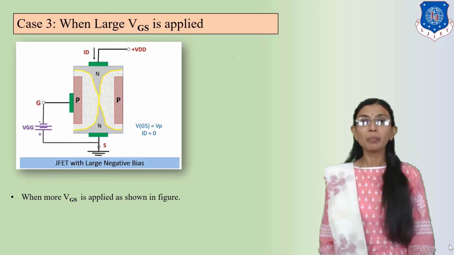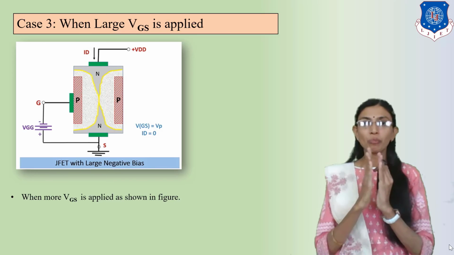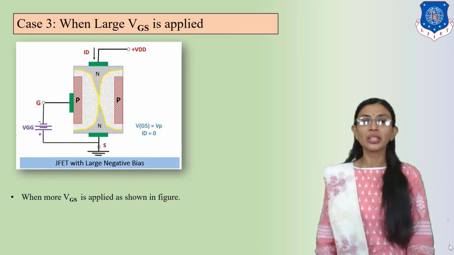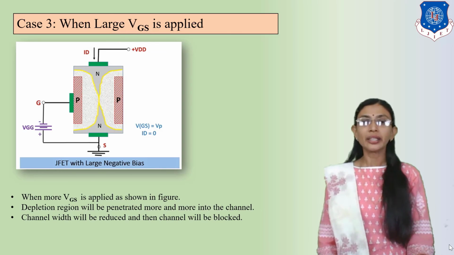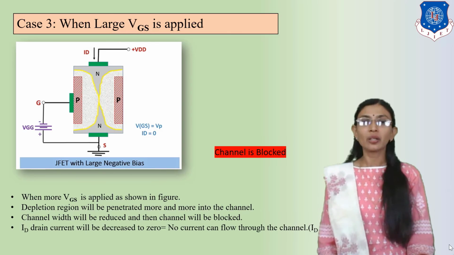Once both depletion layers touch each other, the channel width will be blocked. So the depletion layer will penetrate and channel width will be reduced and will become 0.